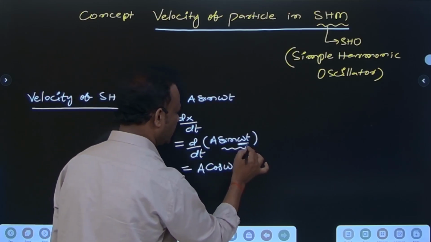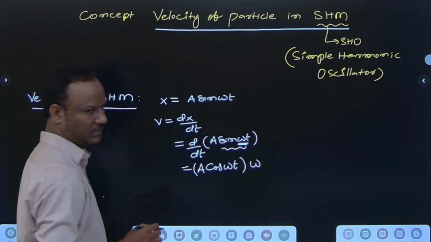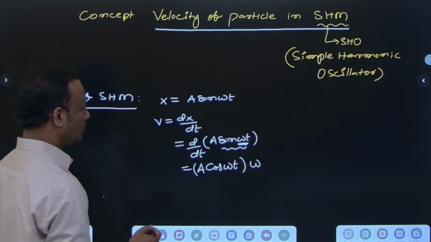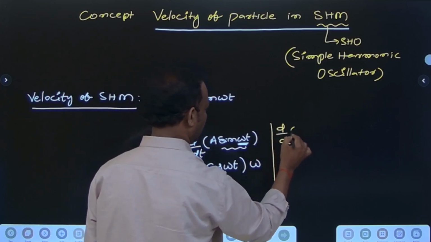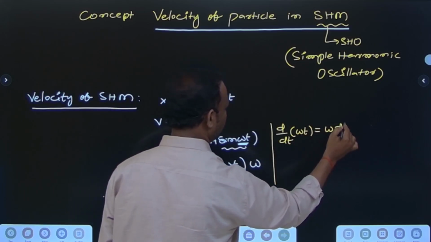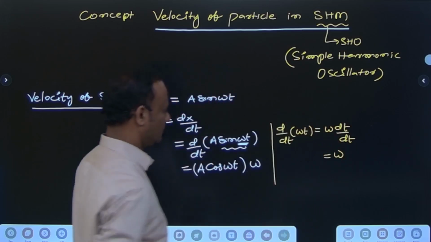Again, omega t differentiation is what? Into omega. d by dt of omega t is omega into dt by dt. What is the answer? Omega.